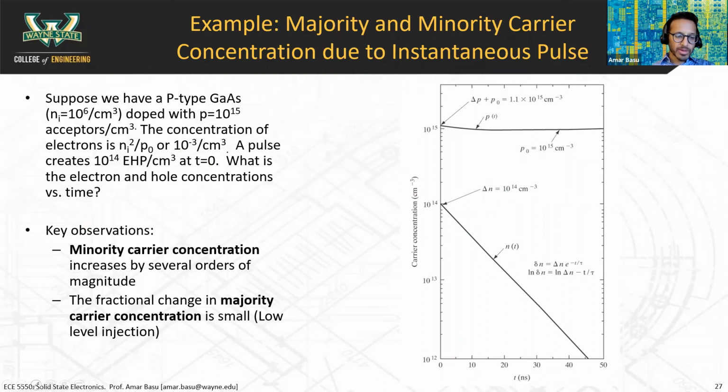Okay, so I'm going to write out a few things here. So our N0 is 10 to the -3 per centimeter cubed. P0 is 10 to the 15th per centimeter cubed.